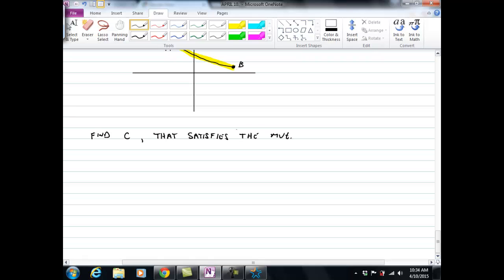What if I give you y equals x squared plus 1 from -2 to 1? You notice I'm using a closed interval. Find C that satisfies the MVT.